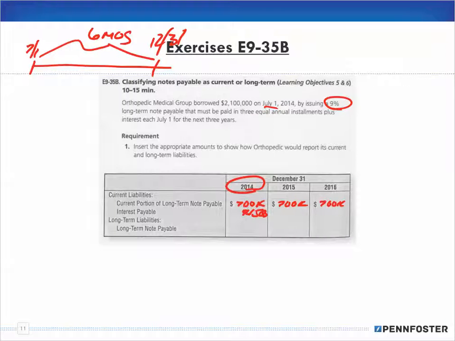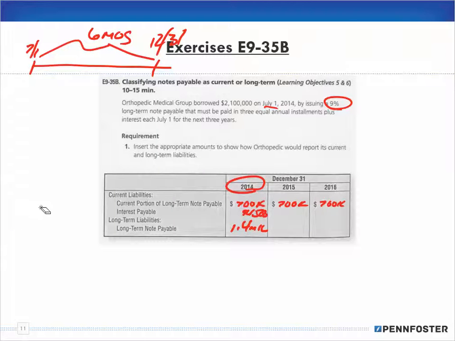Now our long-term note payable is 2.1 million less the current portion of 700,000, which gives us 1.4 million. So 1.4 million is the long-term portion of the note payable. That's for 2014.